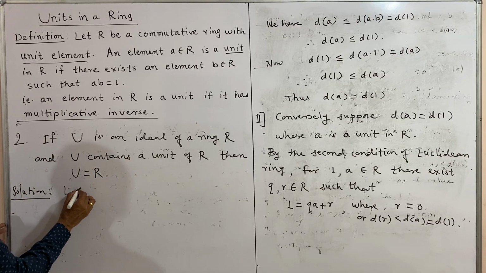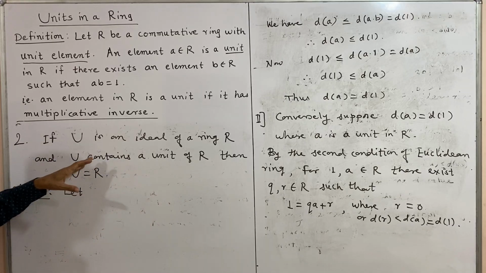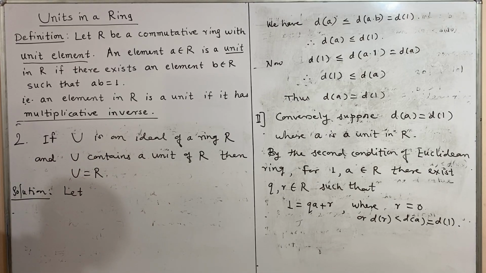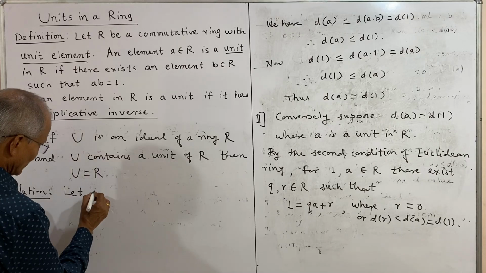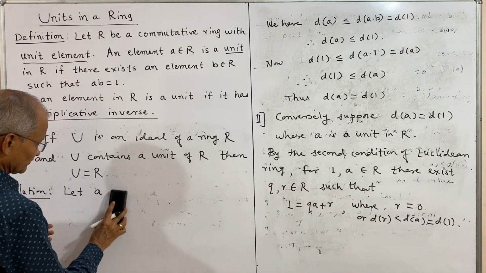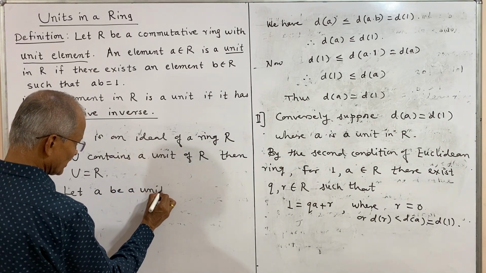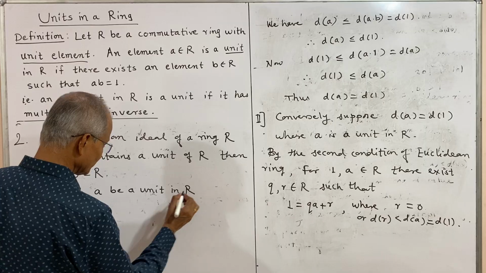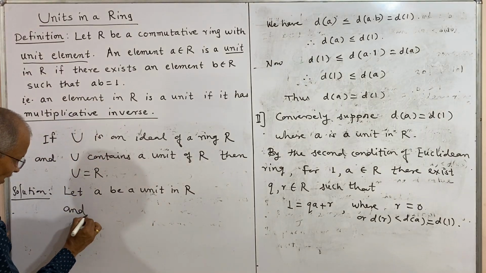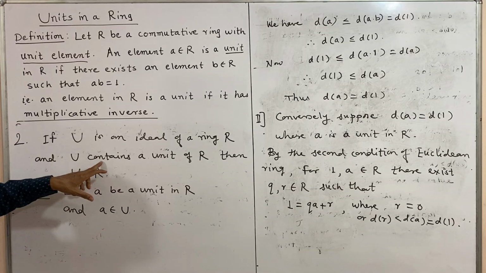Let U be an ideal of the ring R, and let a be a unit in R with a belongs to U. U contains a unit.